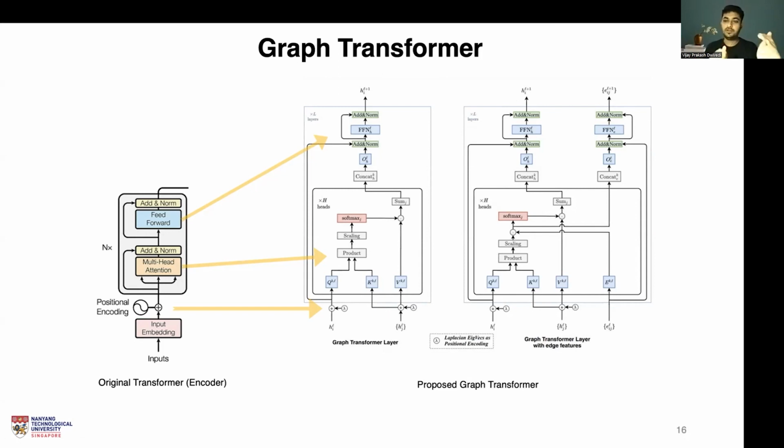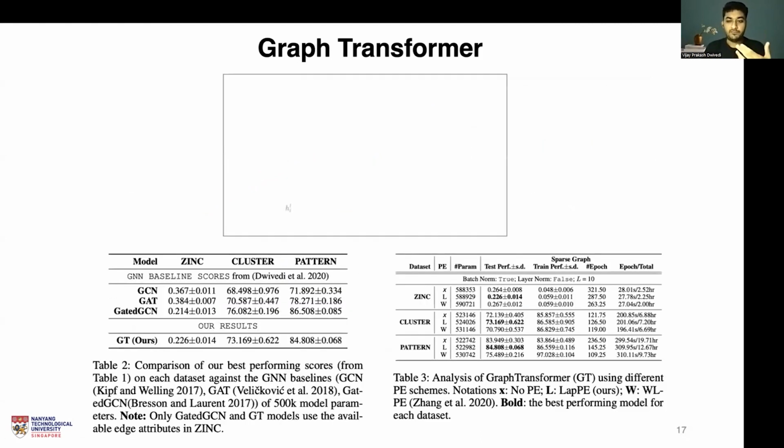So these are some of the modifications that we do, and this is the very basic, straightforward generalization, where we try to respect the important components of the original transformer and generalize them to graphs. When we compare this in some baseline experiments, prior to the graph transformer there was already the graph attention network, around 2017-18.